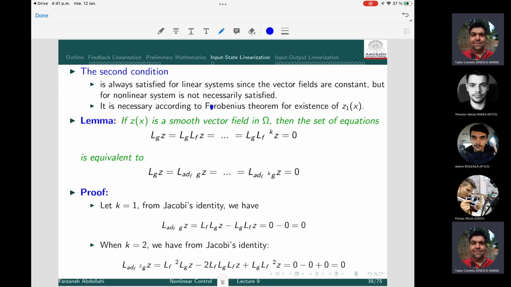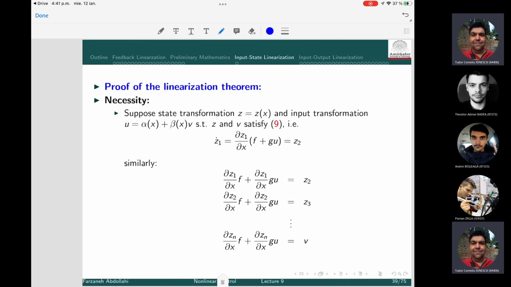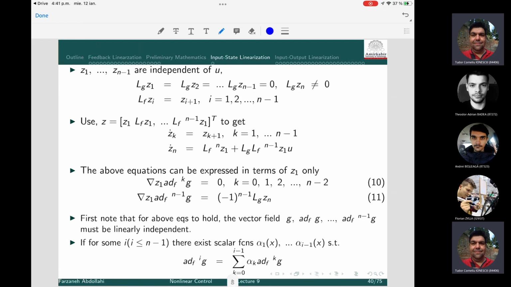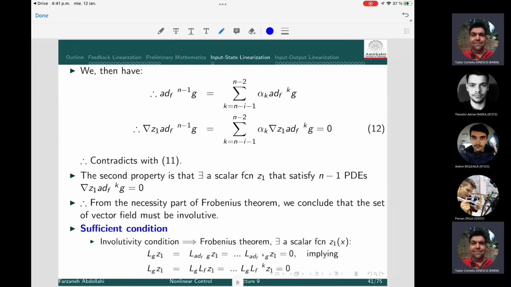If Z(x) is a smooth vector field in omega, then the set of equations that the Lie derivative of Z with respect to g and so on is 0 is equivalent to this condition. Right. We don't talk about the proofs. We just skip the proofs.